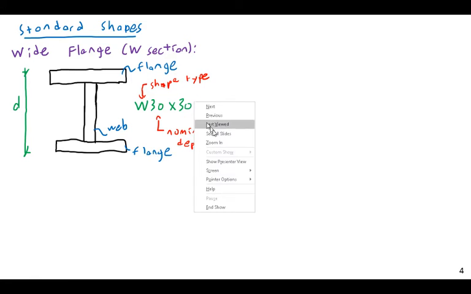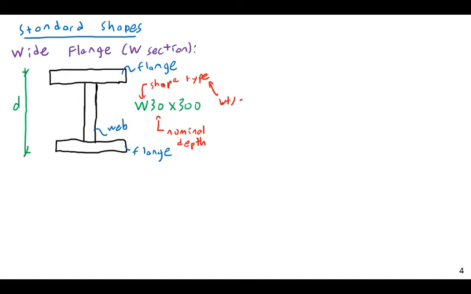And 300 is the approximate weight per foot. So pounds per foot. This is the linear weight. Usually, at least in American shapes, it is pounds per foot. That's good, strong American steel. It comes in pounds per foot.